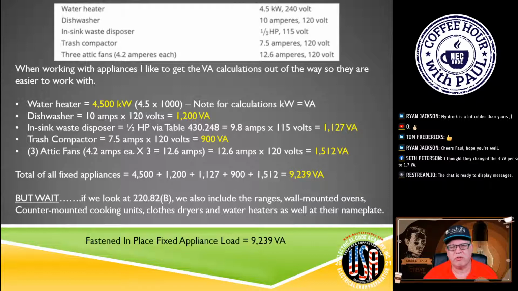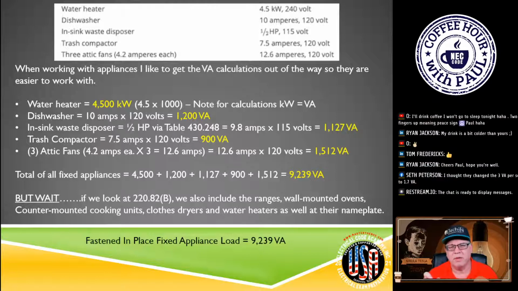We got that dishwasher. Now, remember what we talked about, the little math equation? We're going to take amps times the voltage, right? And that's how we're going to get VA. Trust me. Break this bad boy down into VA. Don't make it difficult for yourself. This is the optional method, man. If you get these on an exam, piece of cake, brother.